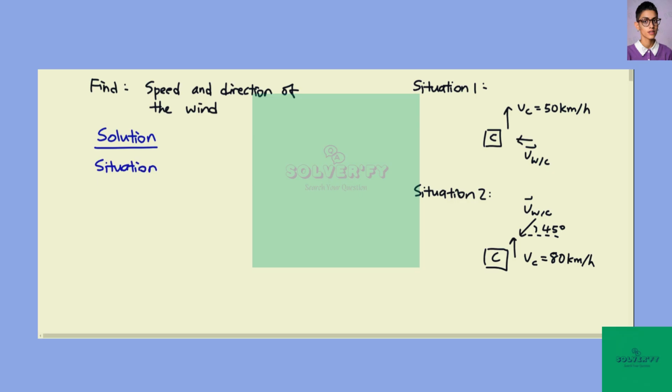Situation one: we are given that VC is 50 j hat kilometers per hour, and then the velocity of wind relative to car is the magnitude of the relative velocity 1 in the i hat direction.